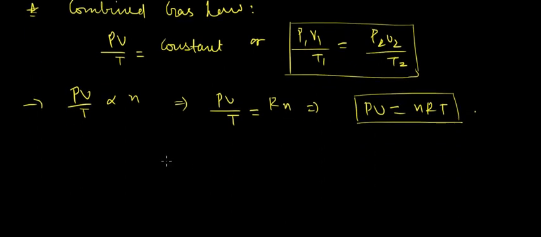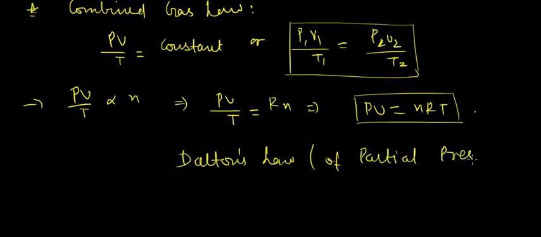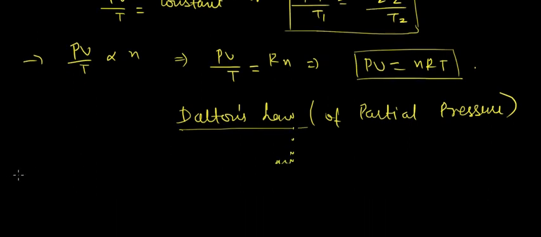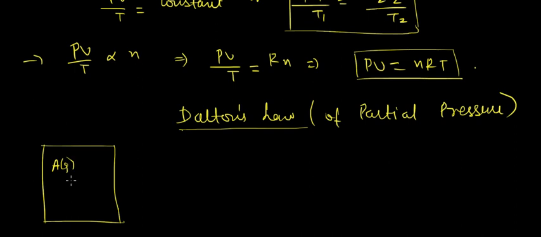Okay, so next let's discuss Dalton's law, Dalton's law of partial pressure. Dalton's law states that suppose we have a vessel in which we have several gases. Suppose we have moles of A, B and C in this vessel.